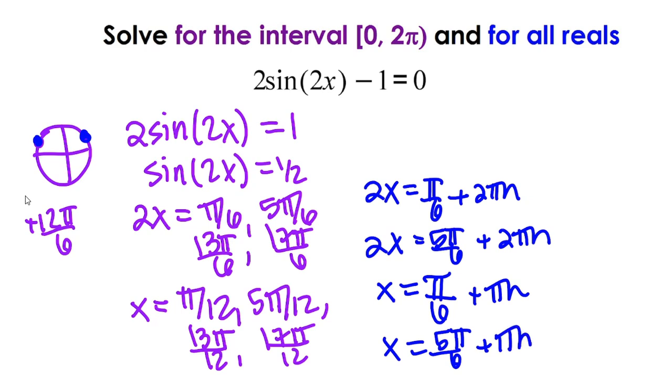And then you should see that this will cover those other answers. And so we can have these 4 answers for the purple interval, and these 2 equations for the all reals.